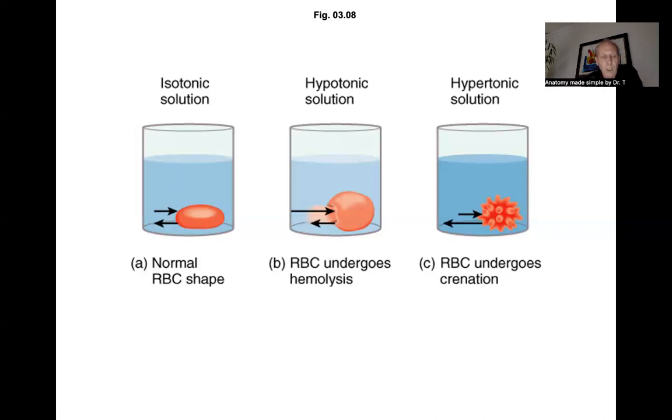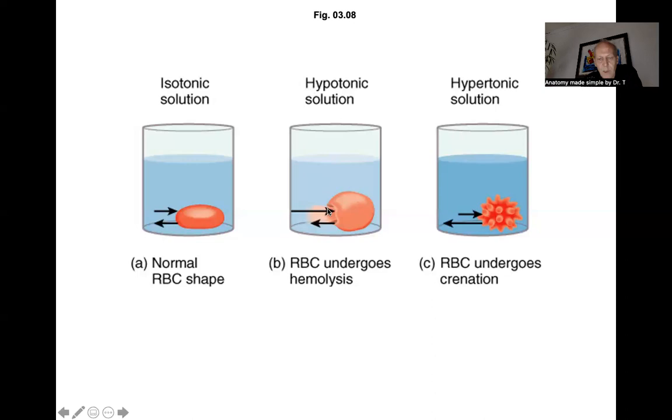But should we change the condition and put the same red blood cell into just regular drinking water, without the 0.95% addition of salt, that's going to be considered a hypotonic solution. And remember the principle of osmosis: low concentration of solute outside, higher concentration of solute inside the cell.